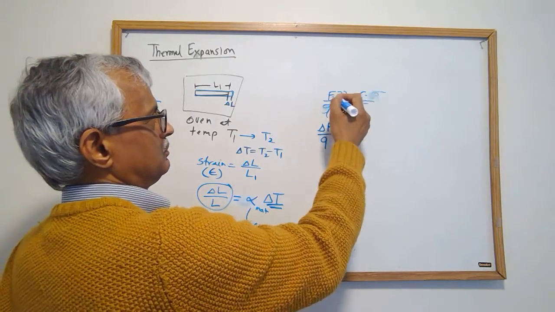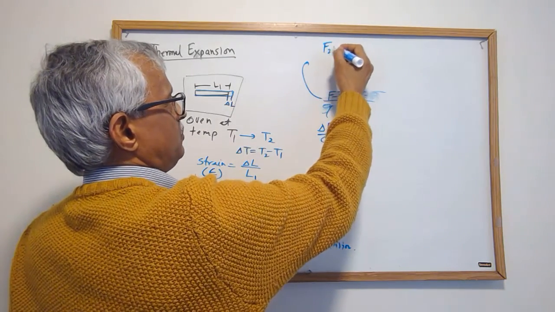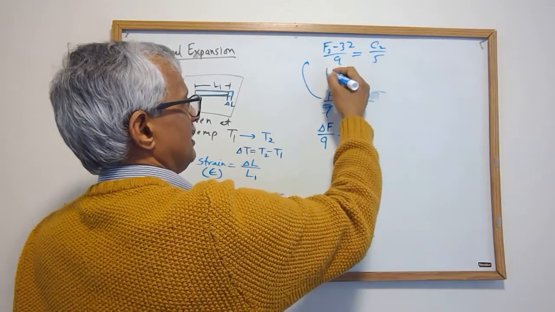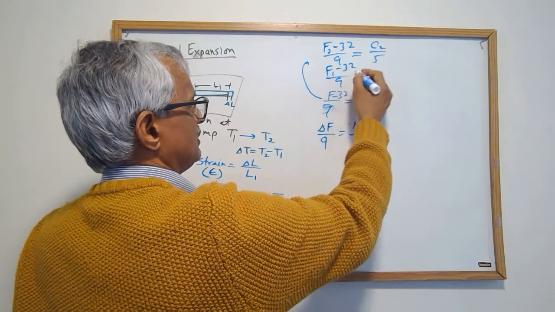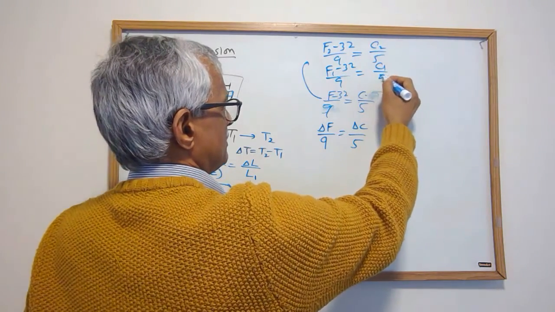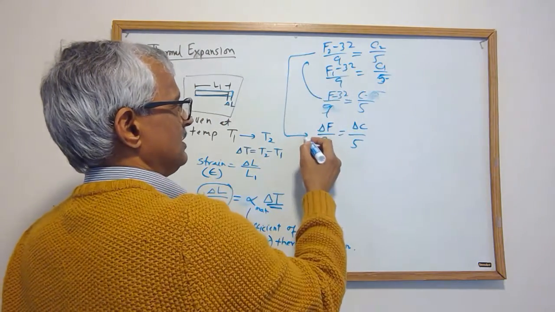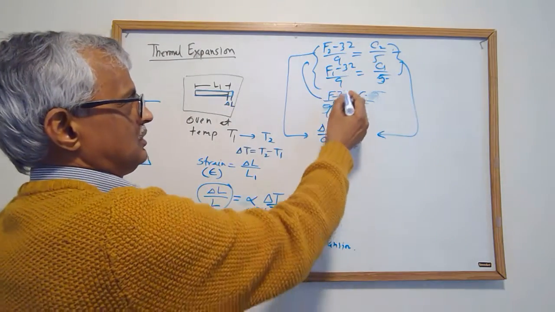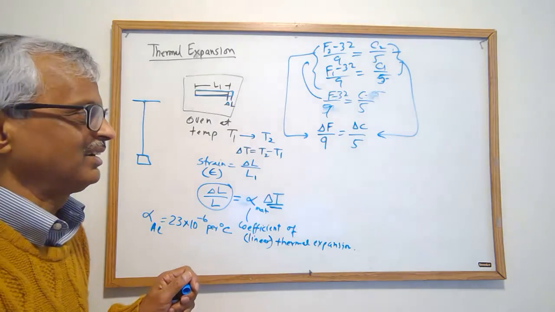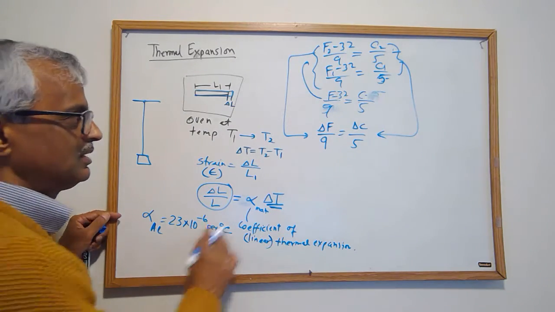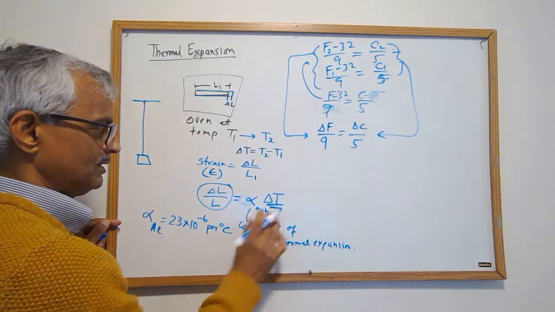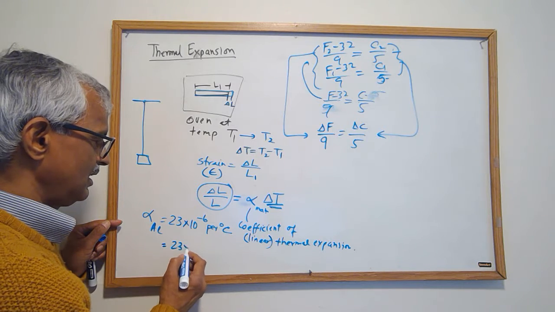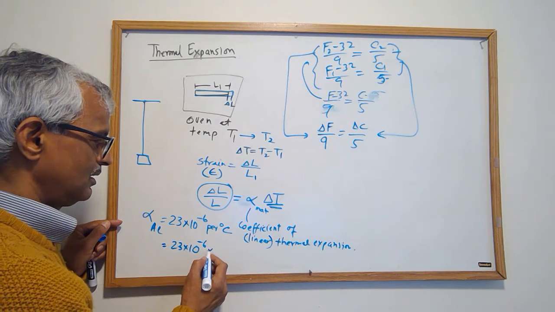Compare F2 minus 32 over 9 equals C2 over 5, and F1 minus 32 over 9 equals C1 over 5. Then you take the difference of these, and the 32 over 9 cancels out as a common factor. So per degree Celsius will be 23 times 10 to the minus 6.